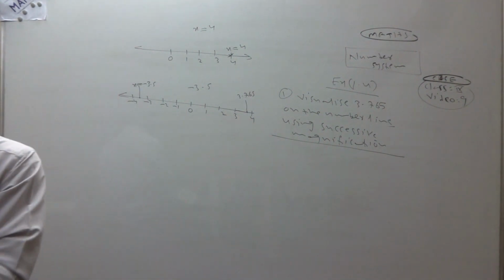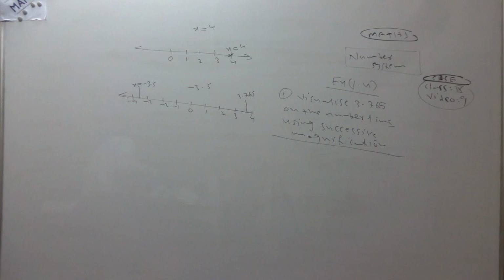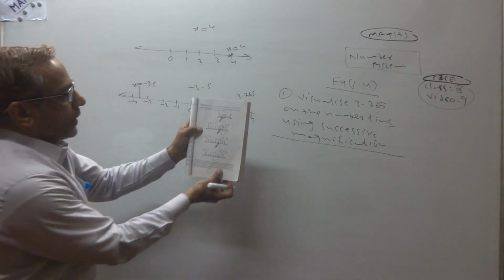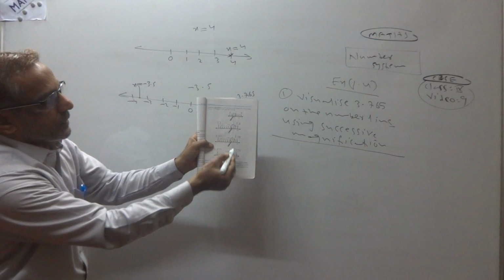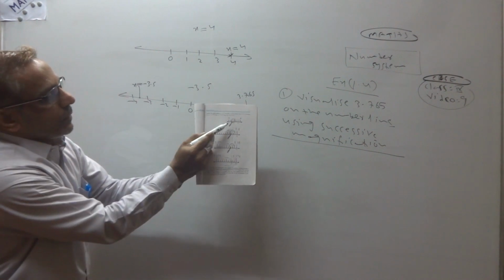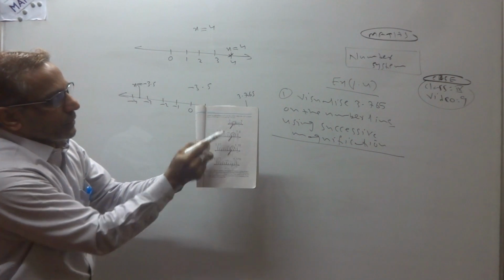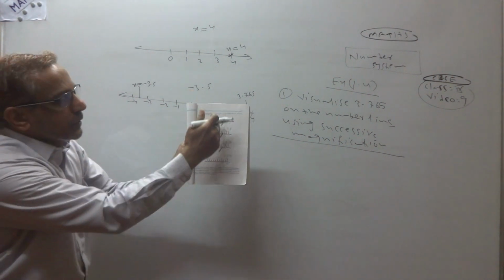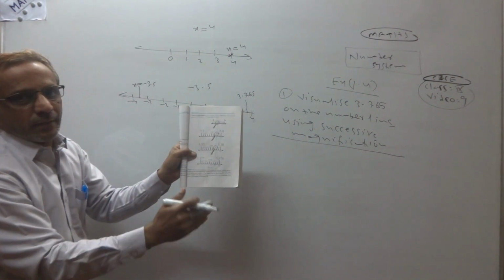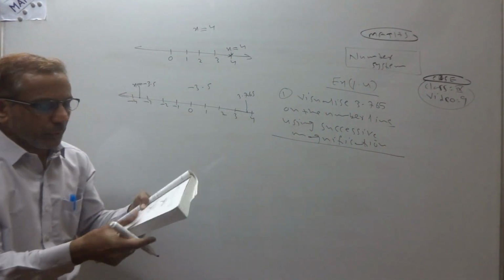So see, one method is given. I will show you. This is a system using a magnifier, you see. Using successive magnification, how do we explain the answer? This is the method we are going to do now.